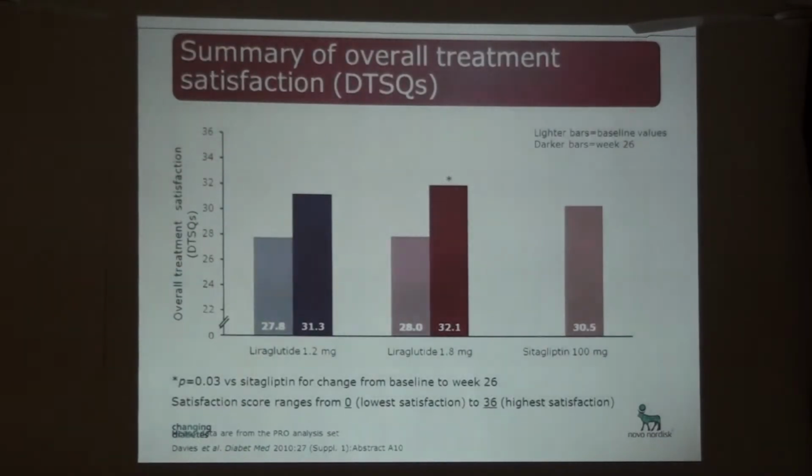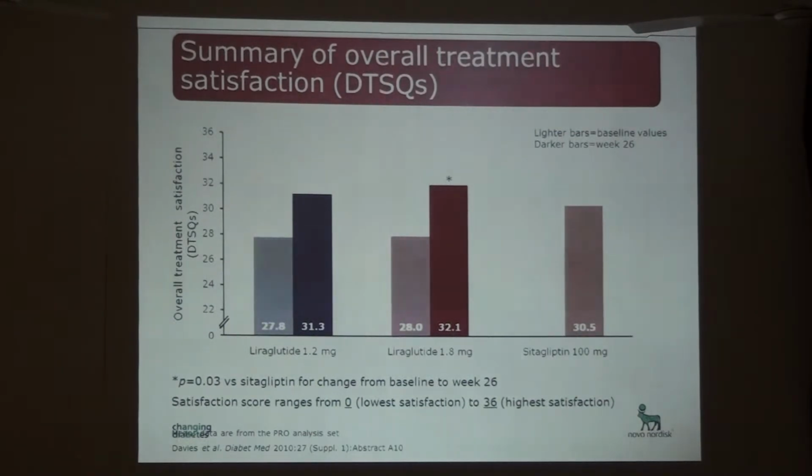Then we did something which we thought would help physicians understand why a GLP-1 should be scored over a DPP-4 inhibitor. We did a direct treatment satisfaction questionnaire survey which we gave to all the patients who were in the trial, and you can see the results. Pre-treatment is the lighter bars and post-treatment is the darker bars.